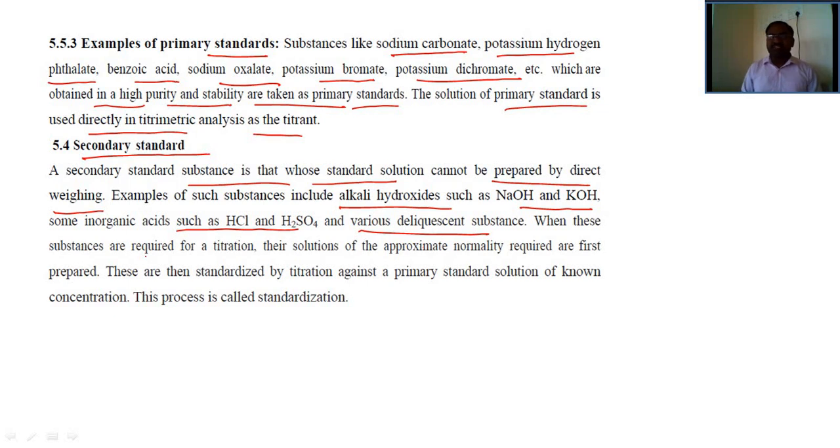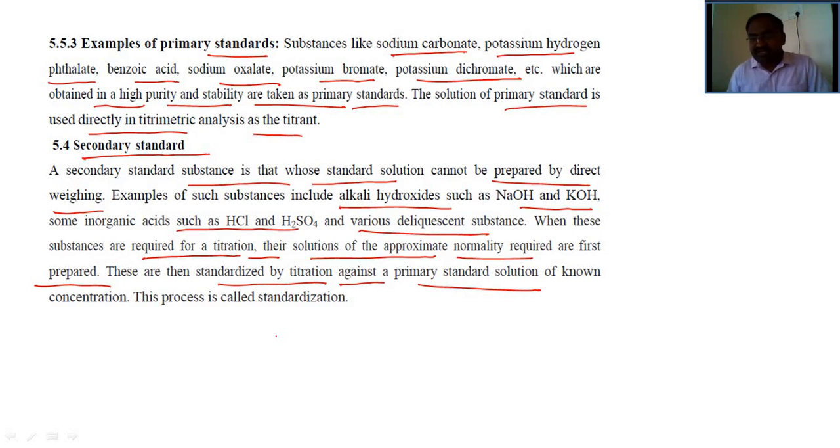When these substances are required for a titration, their solutions of the approximate normality required are first prepared. These are then standardized by titration against primary standard solutions of known concentration. This process is called standardization.